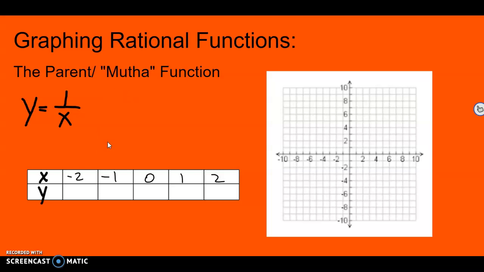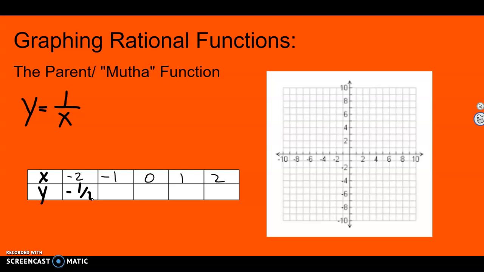So just like we do with every other function, if we don't know what a graph's going to look like, we go ahead and plug in points. So if we plug -2 in for x, that gives us 1 over -2. Well, 1 over -2 would be -1/2. All right, so that's 1 point on our graph, -2 comma -1/2.